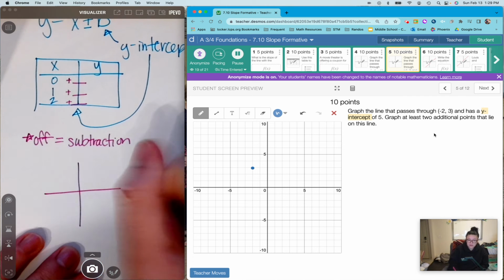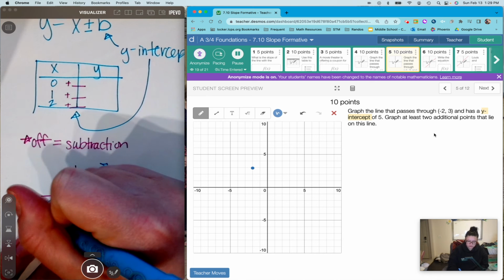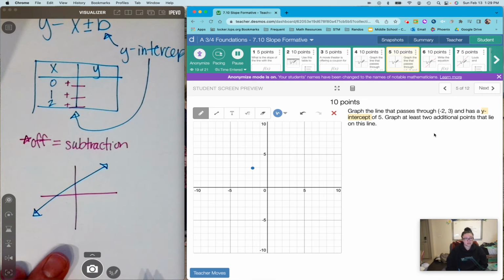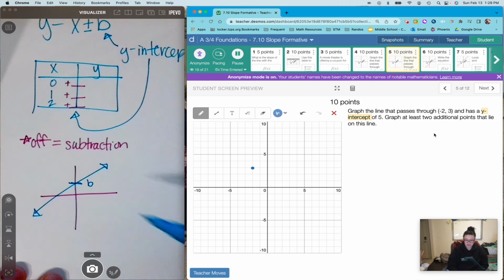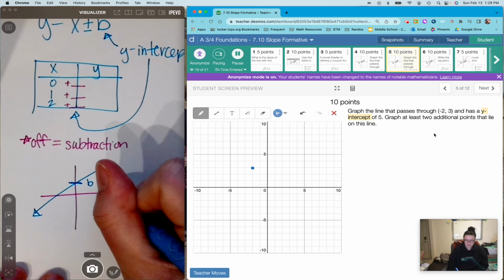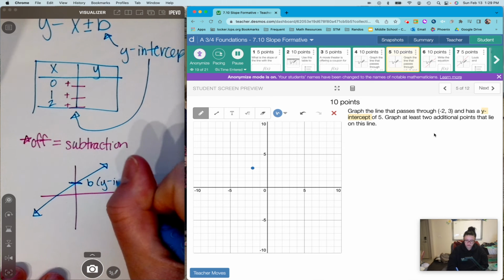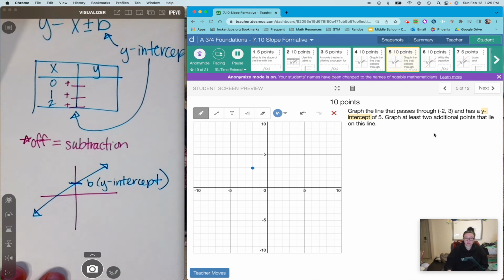So on my graph, because this is additive, my line will not go through the origin. It does not go through the origin. It is non-proportional. This point right here is my B. Wherever my line crosses my y-axis is my B or my y-intercept. My B and my y-intercept are the same thing.